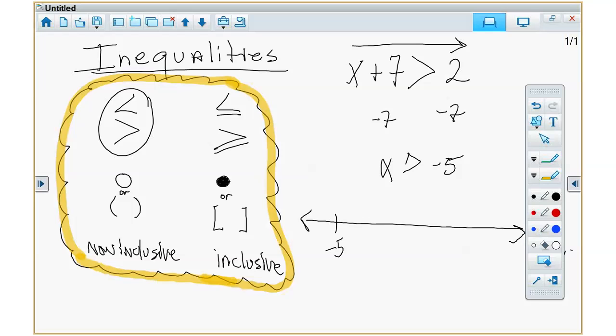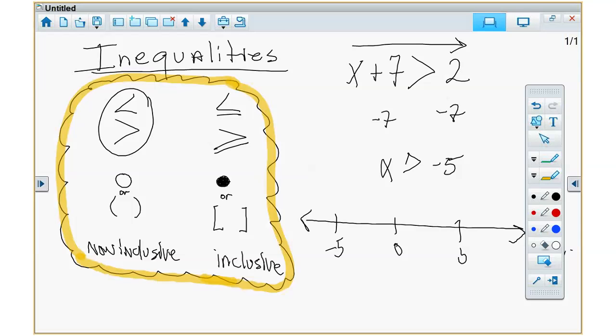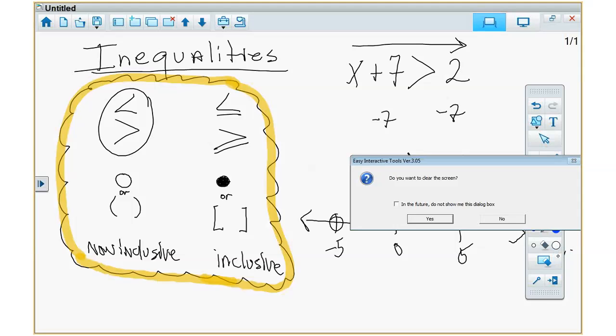So, graph it. -5, 0, 5. And what kind of problem do we have? We have one of these guys. So that means I use a what? An open circle on -5. Now what does that mean?